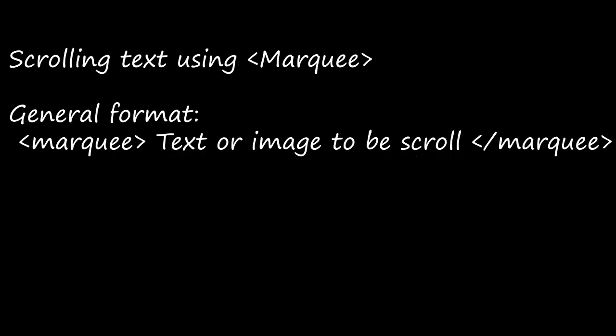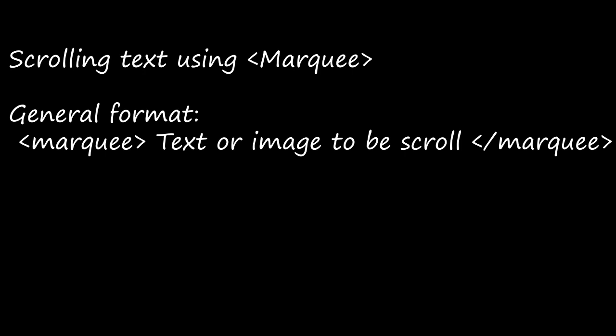And the next one is scrolling text using marquee. Okay, here in this HTML, you can make a part of text or a line or an image move horizontally or vertically using this marquee tag. This feature makes the web page more attractive. The general form of this marquee tag is: the word marquee you have to enter before and after the text.